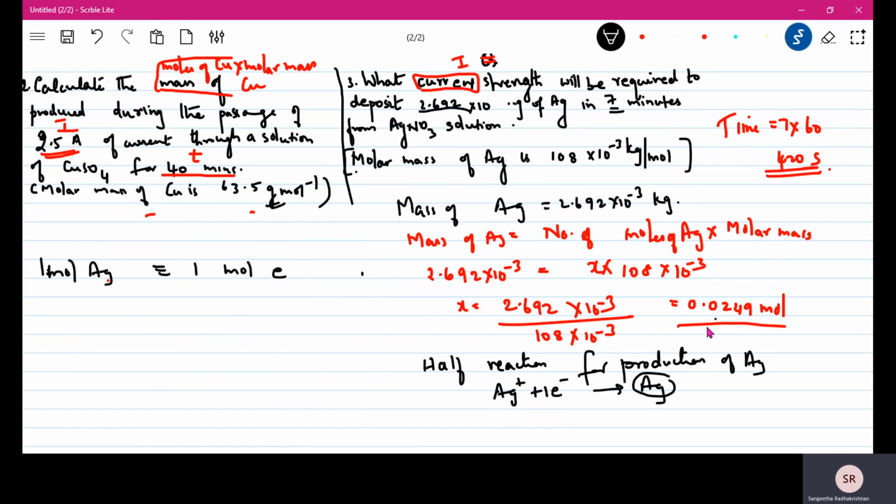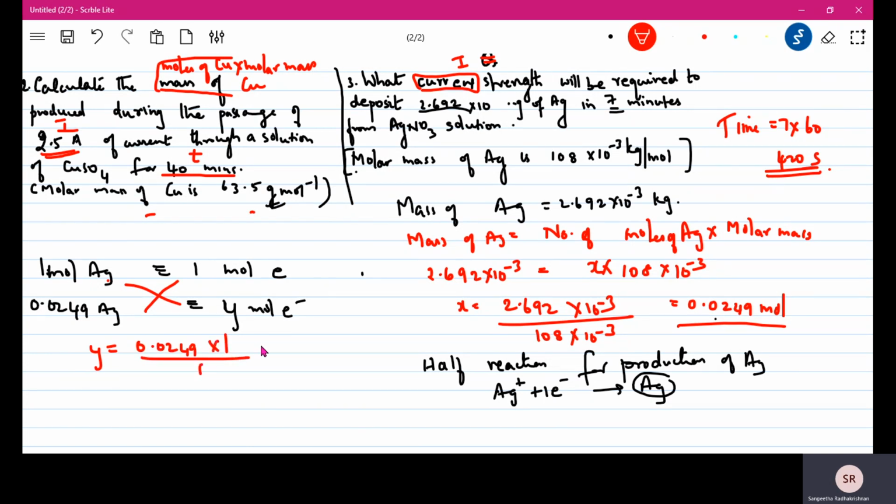But how many mole silver is produced? 0.0249. So below silver I'll write 0.0249. So how many moles of electrons are there? Y mole of electron. Again, cross multiply, and whatever is in front of Y will go to the bottom. So Y is equal to 0.0249 into 1 by 1, that is 0.0249 mole of electrons.